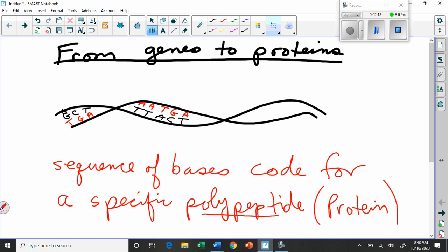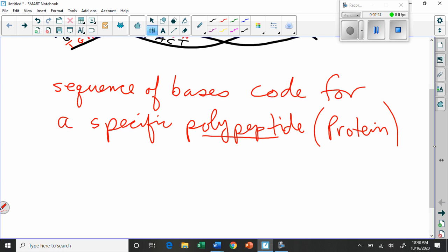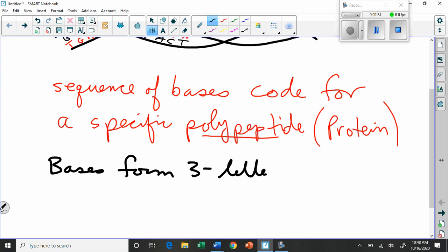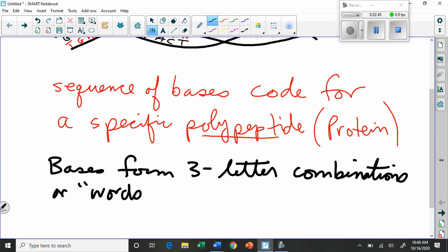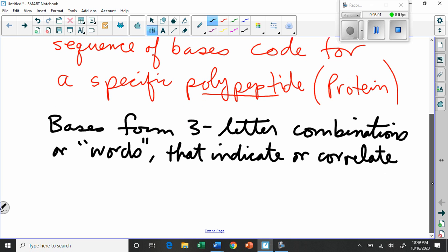Once we figured this out, we started to look at how the instructions spell out. And it turns out that the letters, or the bases, form 3-letter combinations, or we could call them the words of the genetic code. 3-letter words that correlate with, meaning to be associated with, a particular amino acid.